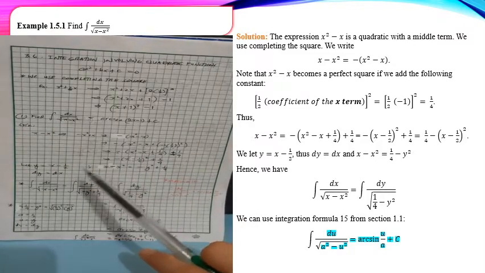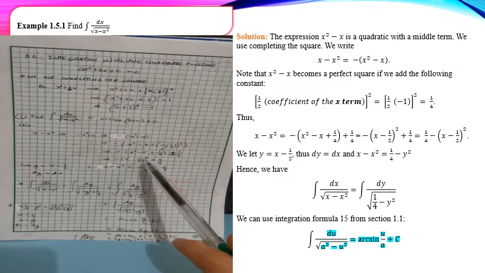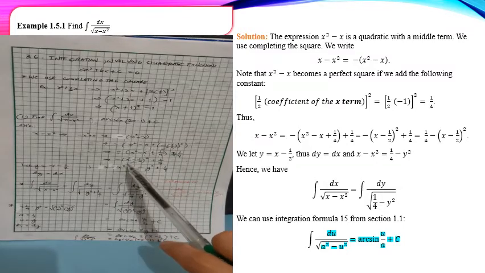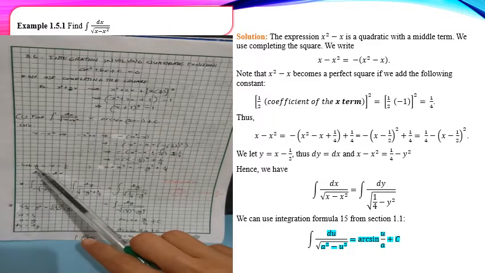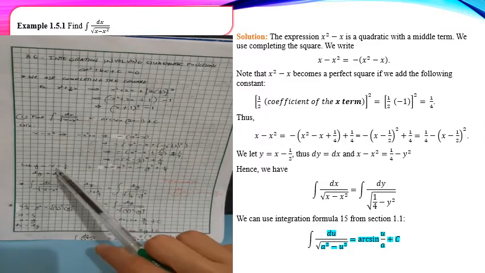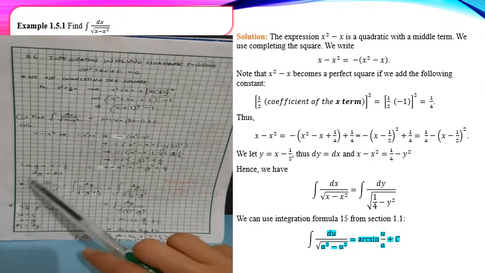And then after that, class, pag na-express na natin to into quantity squared, yung nasa loob ng function na yan, yung binomial na yan, ili-let natin yan as our variable y. So we let this one as our variable y. So we have y is equal to x minus 1/2. Derive it both sides. So derivative of y is dy.